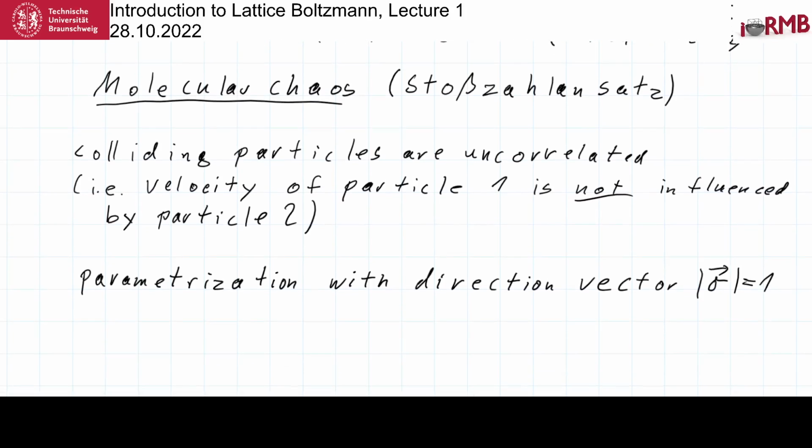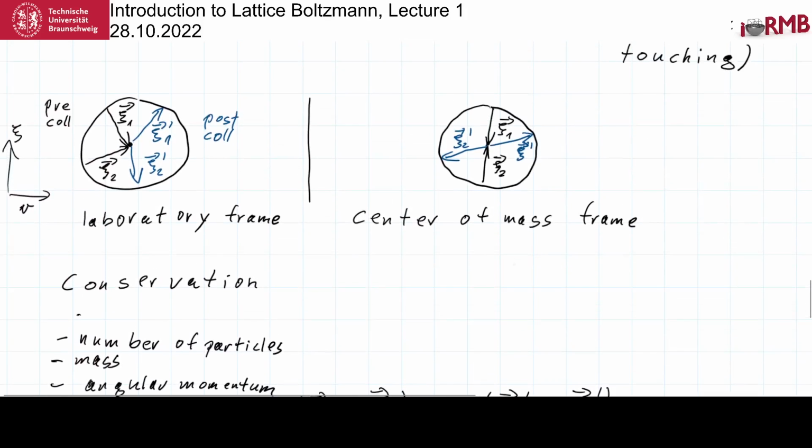So this sigma just tells us, how do I rotate? If I very briefly go back to this picture of the center of mass collision, the sigma tells us by what vector we rotate these outgoing particles in order to get the new velocity.